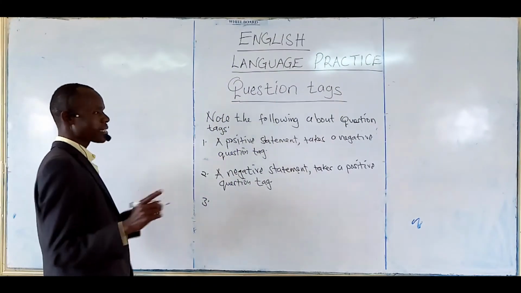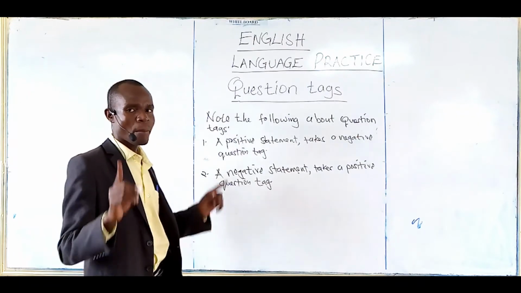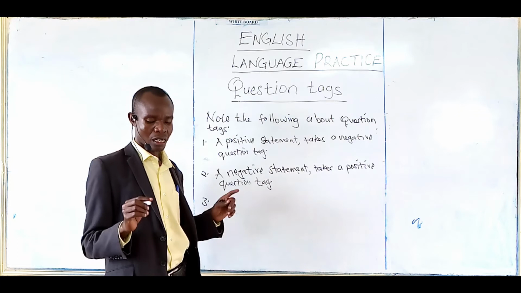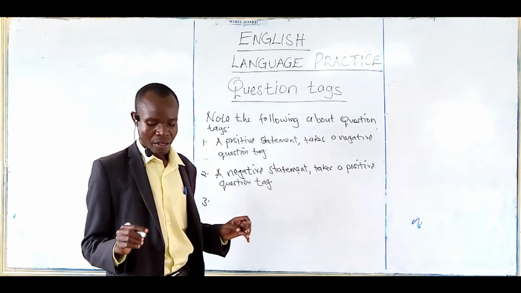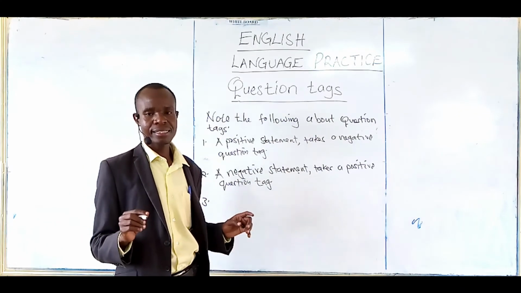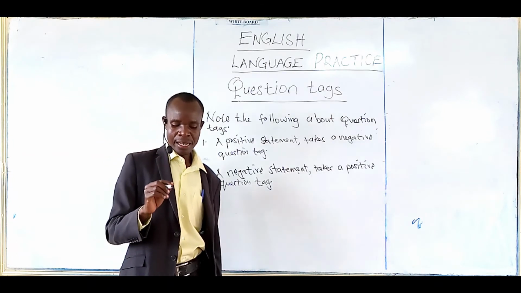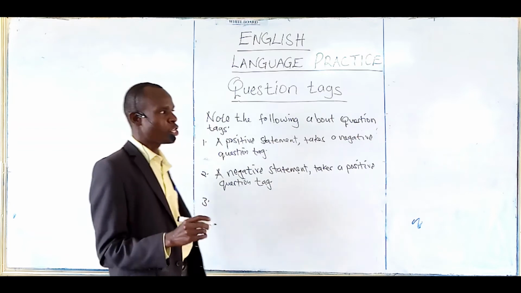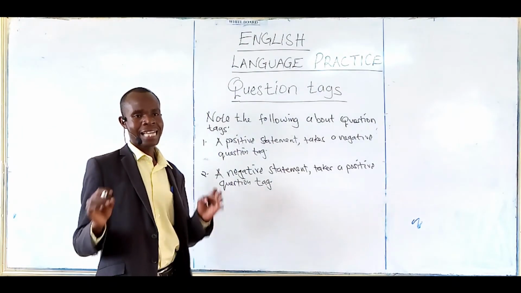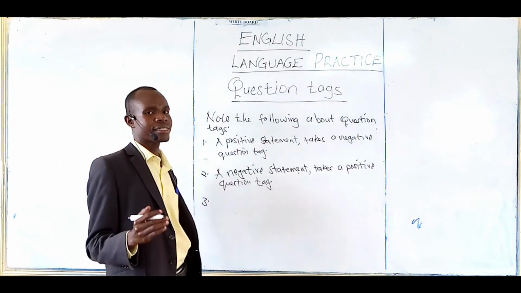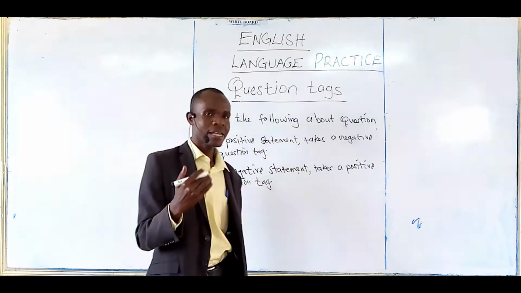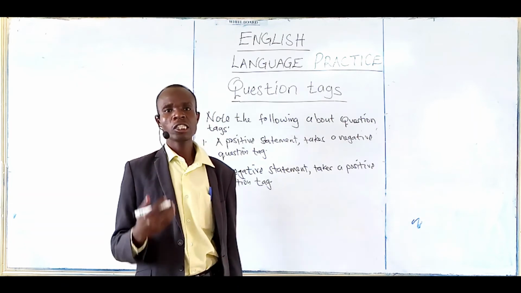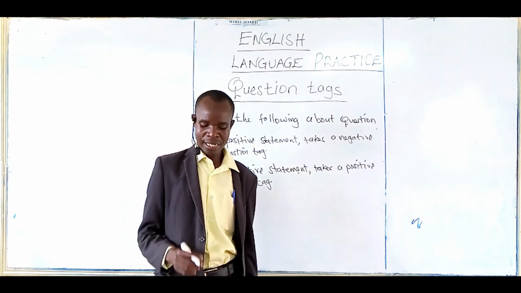So if we have the simple present tense, you need to underline that. Then learners, we use "do" or "does". I will give various examples that will guide us to understand when we are going to use "do" or "does".